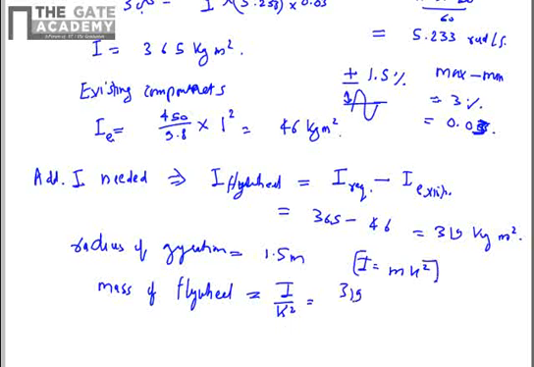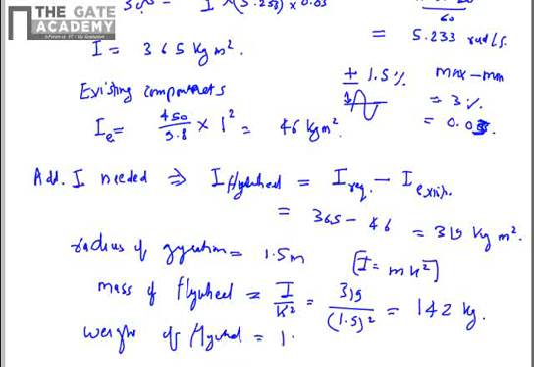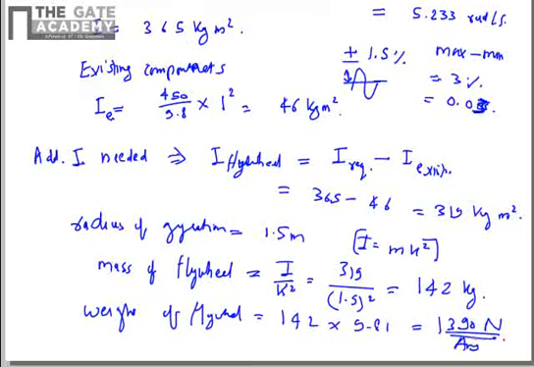So we have 319 divided by 1.5 whole square. This value will come around 142 kg. So this much mass of flywheel you need. The problem asked the weight of flywheel. So you can calculate 142 times g, that is 9.81, equal to 1390 Newton. So this is the answer.